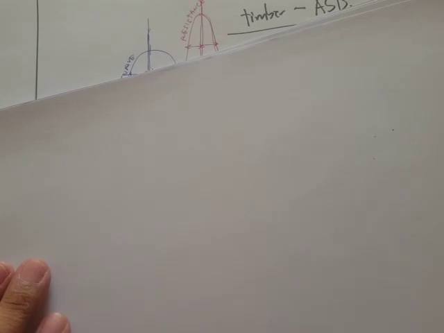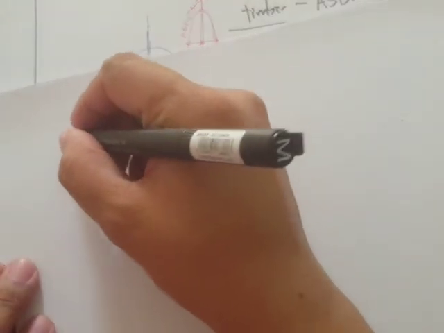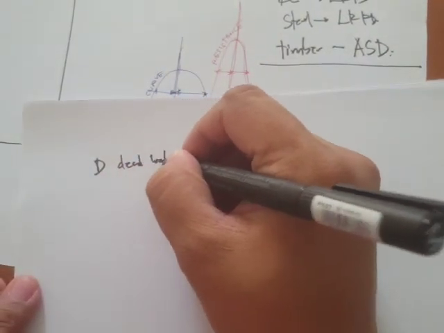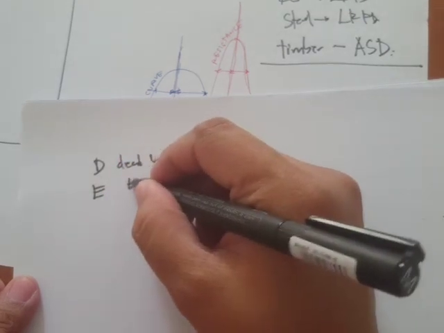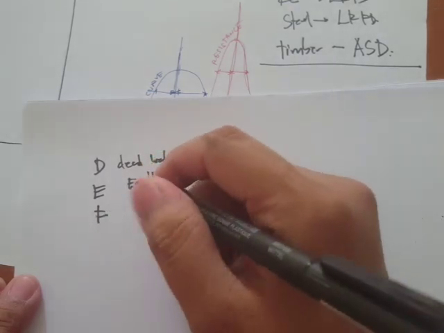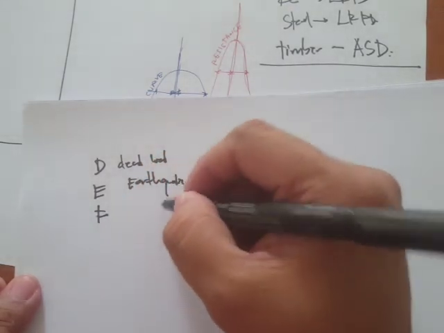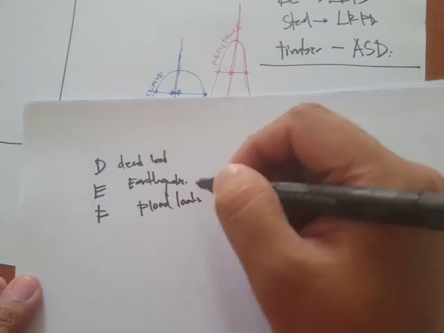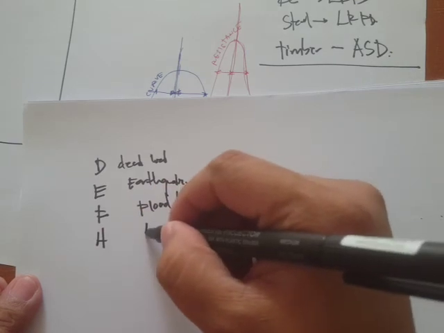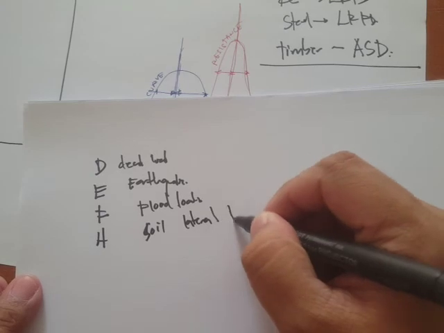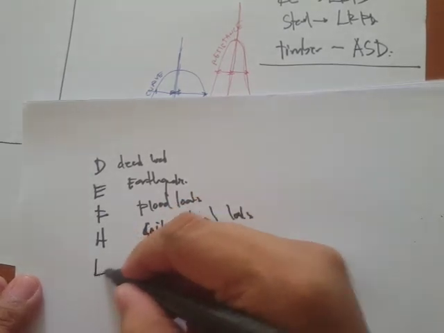So we have the following loads. We have dead load, D, and letter E, that's going to be for earthquake load. Then F would be flood loads, H would be lateral pressure, let's say soil lateral loads, and L for live loads.